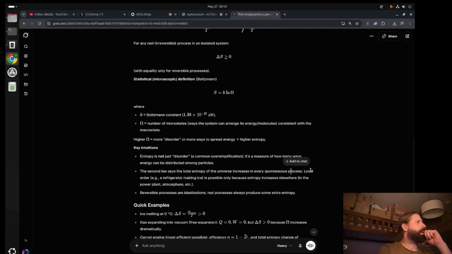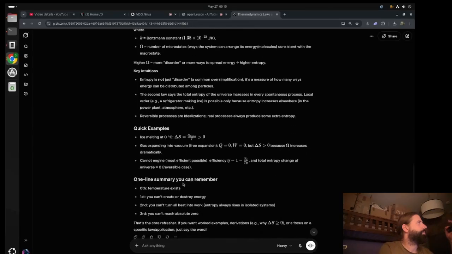Local order, like a refrigerator making ice, is possible only because entropy increases elsewhere. Yeah, exactly. Which is essentially to say, you need to spend energy to actually decrease entropy, right?